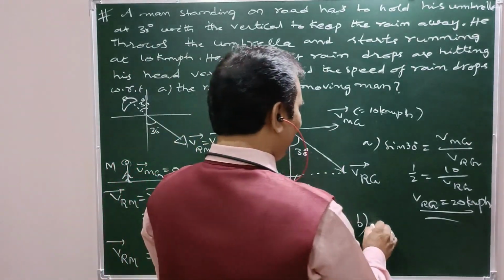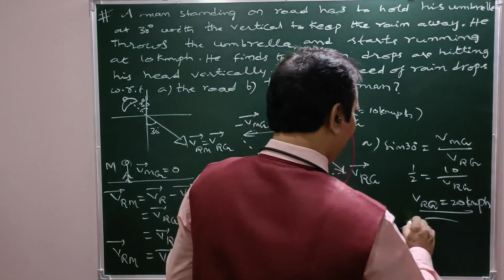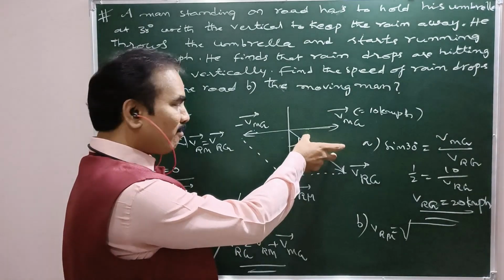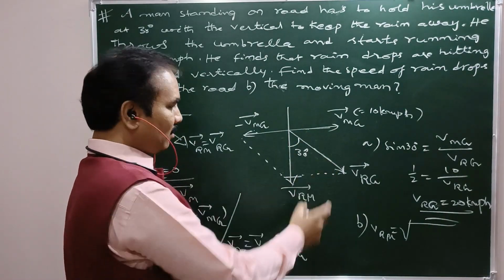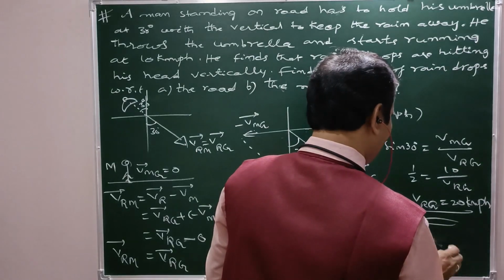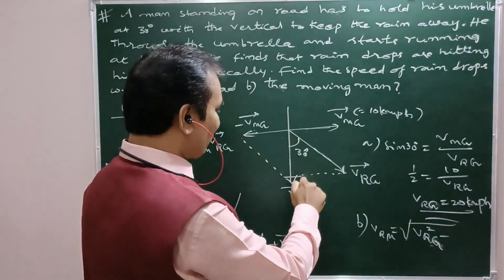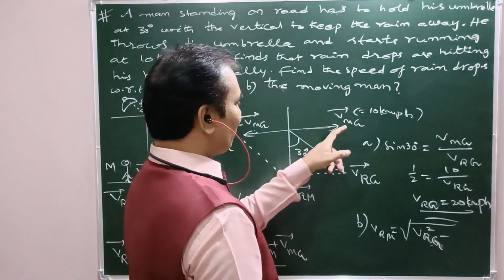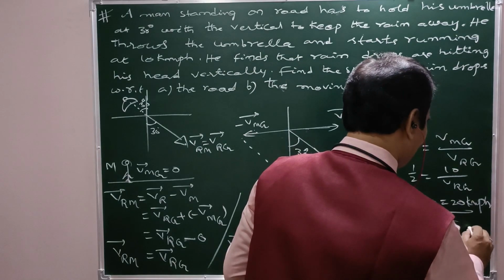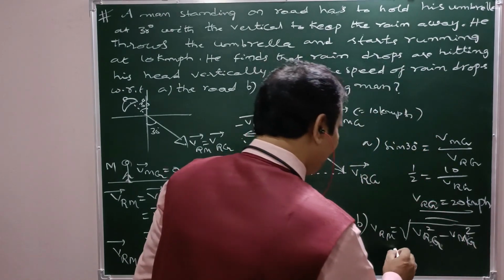That is VRM equal to root over, see this side equal to root over hypotenuse square minus opposite square. That is VRG square minus hypotenuse square minus opposite square. Opposite means what? VMG. VMG square.